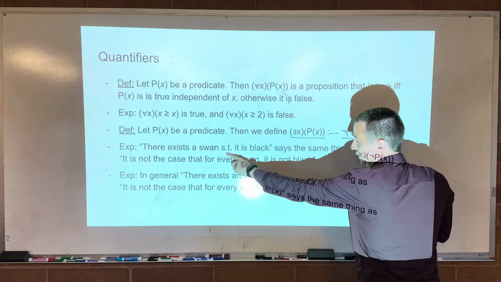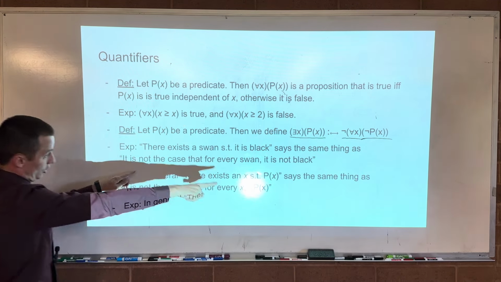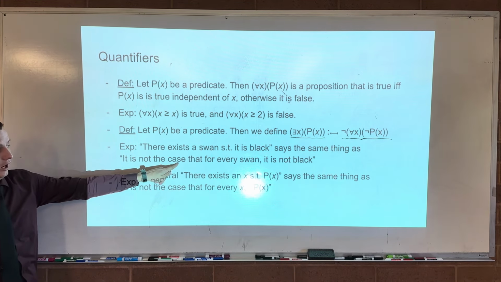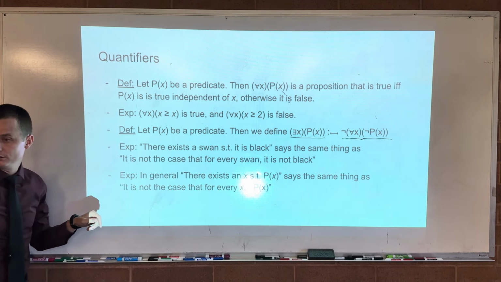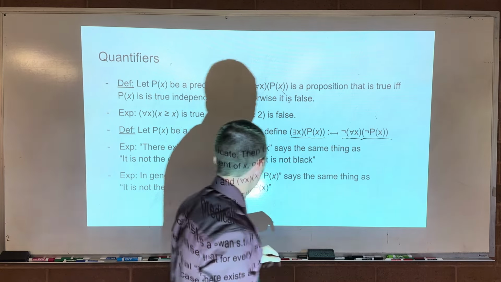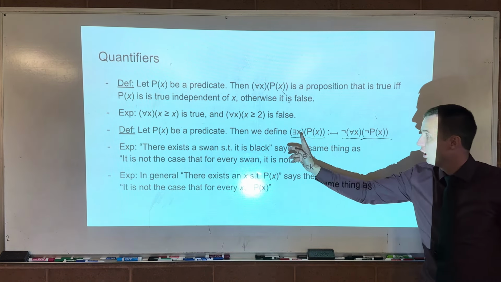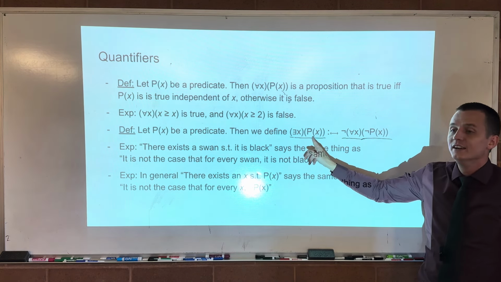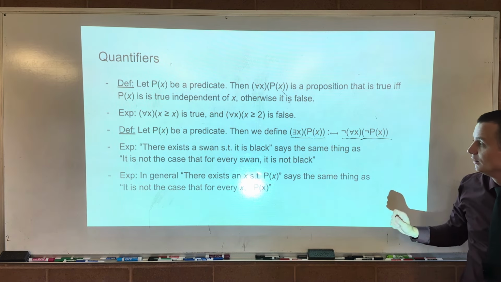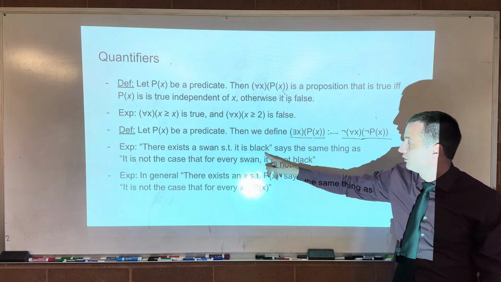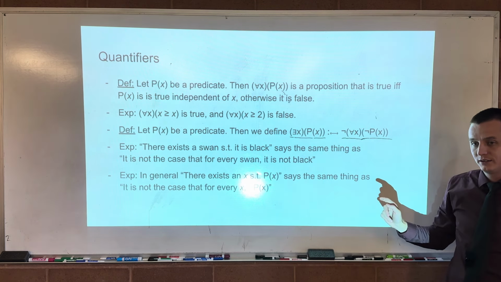This says the same thing as it is not the case that for every swan, it is not black. Yeah, it's just a double negative, kind of. So there exists an x such that P of x says the same thing as not for all x, not P of x. There exists a swan such that it is black says the same thing as it is not the case that for every swan it is not black.